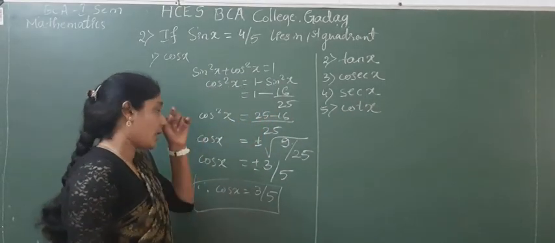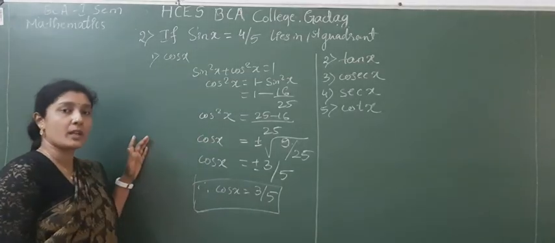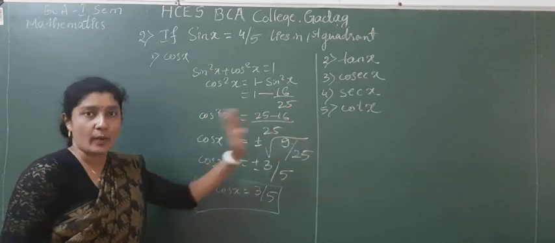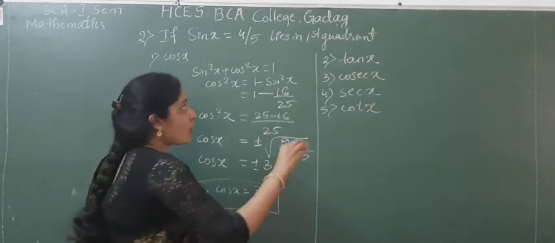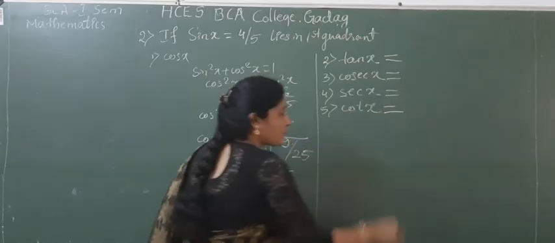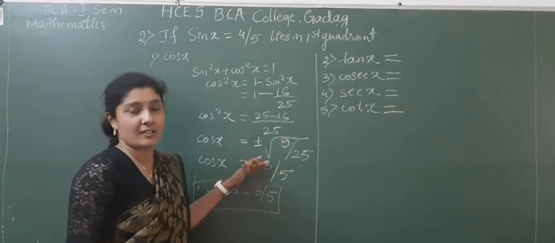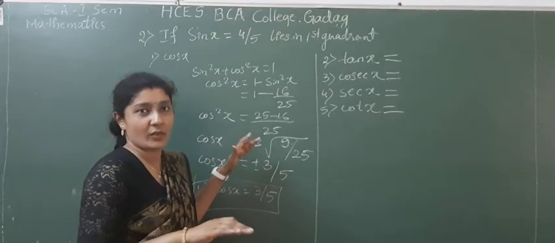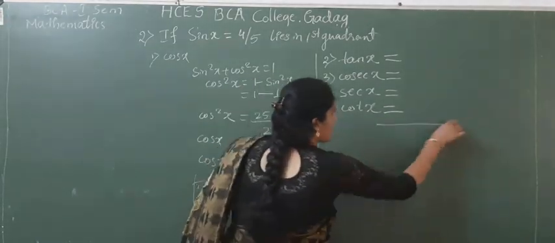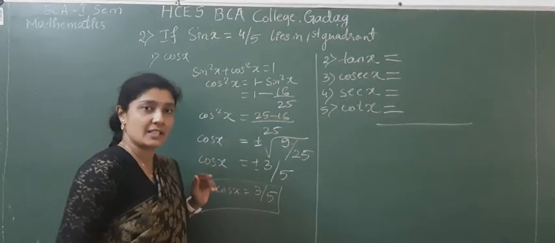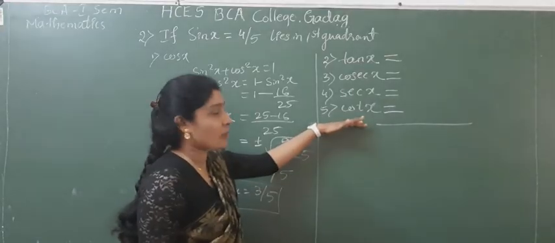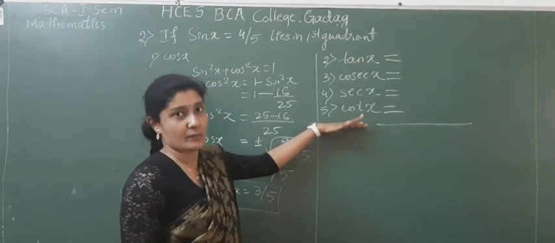If you have understood the problem, I want you to solve and find these values. Those who succeed in solving, let me know your answers in the comments of this video. So we shall come to know who have succeeded in understanding the problem and finding the exact values.